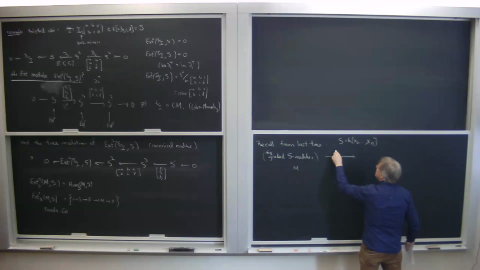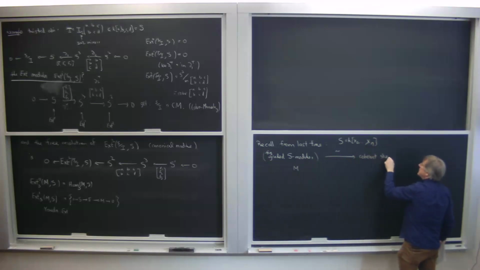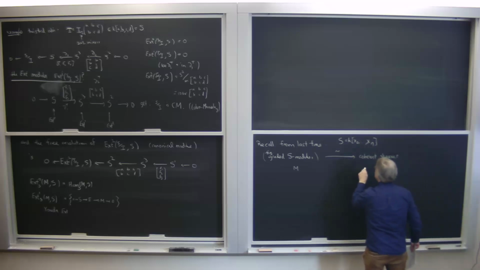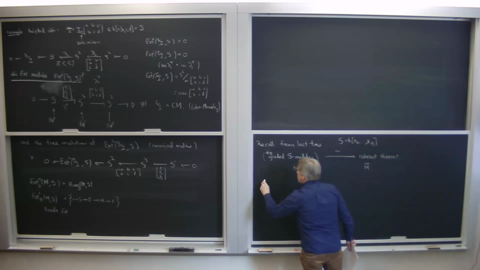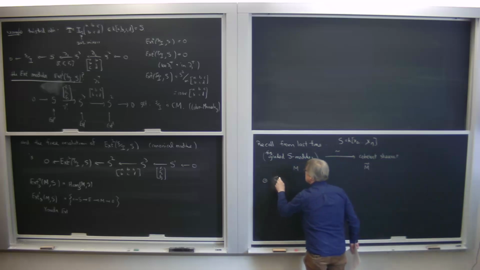And then you have this tilde operation that goes to coherent sheaves. You can think of this, depending how you define it, as coherent sheaves or coherent O_Pn modules or something like that. And this goes to M tilde. And this functor takes S tilde, if you remember, S tilde is O of Pn.